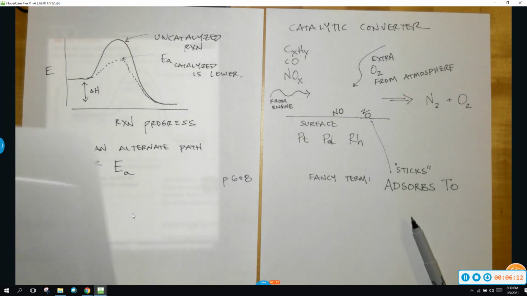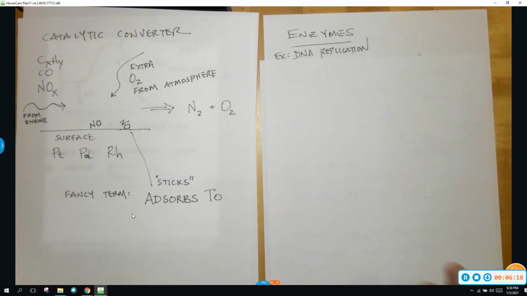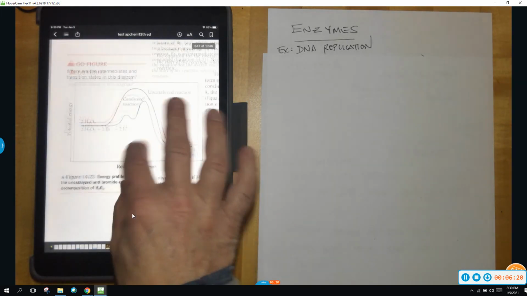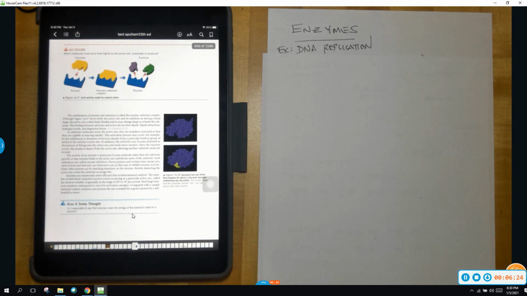All right, the second example is one you learned in the past in your biological career, and these are enzymes, ladies and gentlemen. Enzymes are a very good example of catalysts. There are catalysts all over the place in something called DNA replication, and you all learned about this in the past.